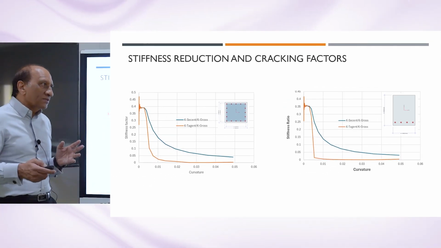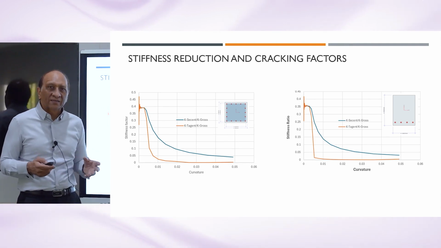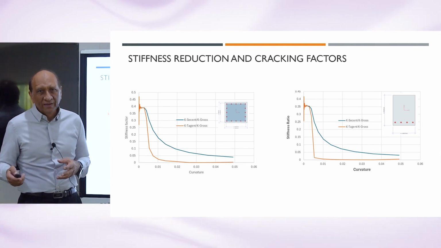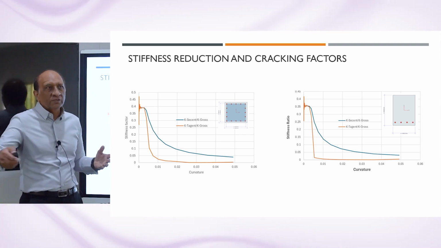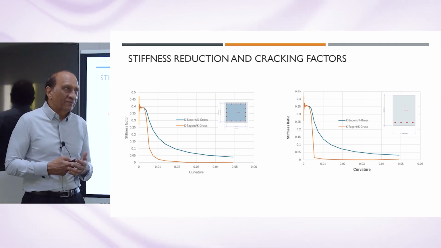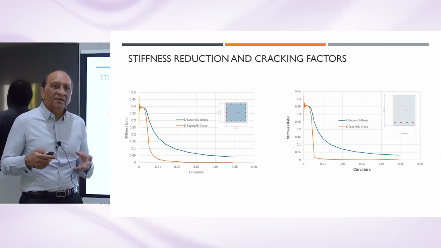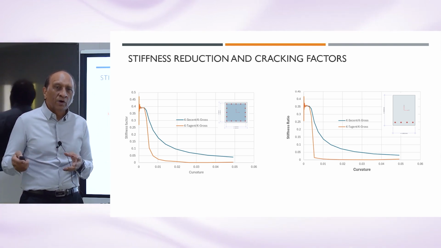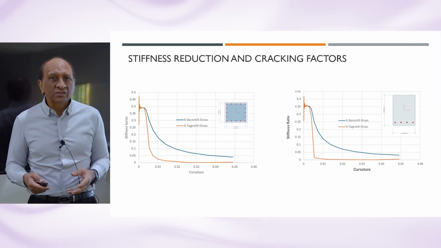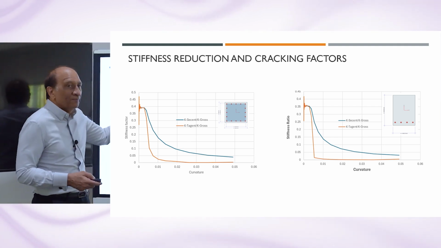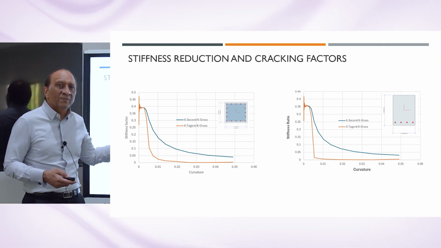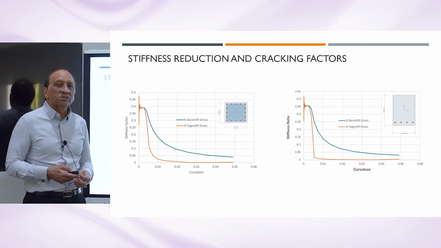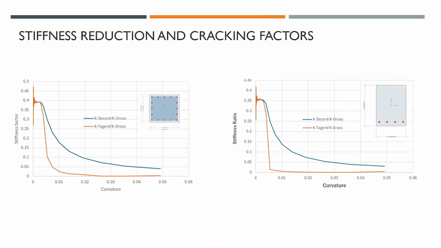So the codes' initial cracking factors are not so off in these computations, especially at the onset of yield. Of course, after that they do not have much meaning, but at least they try to capture this important reduction in stiffness, and these factors appear to be, from this example at least, similar to what the codes use for the initial cracking factor on the gross stiffness.